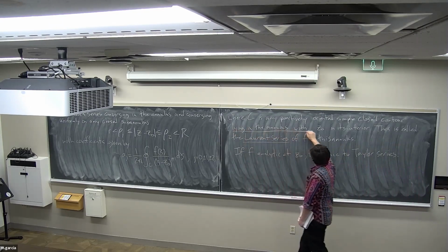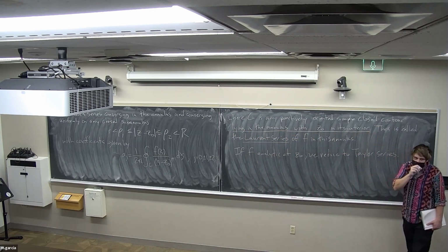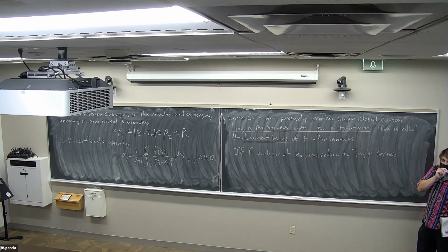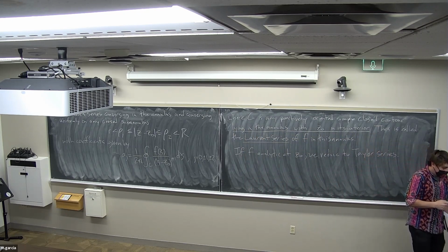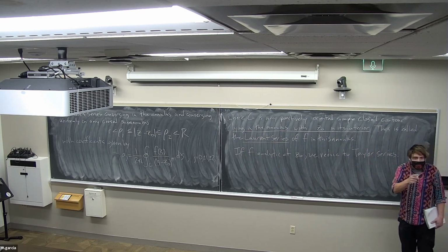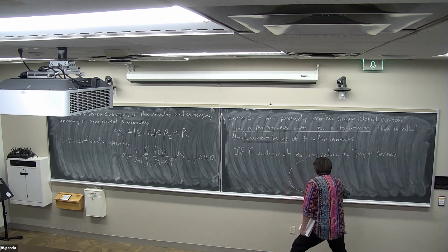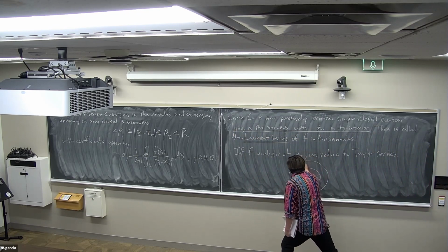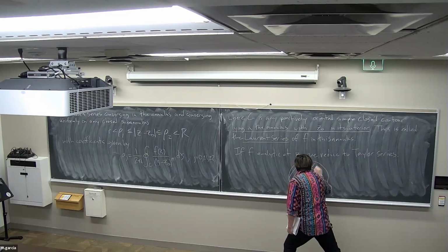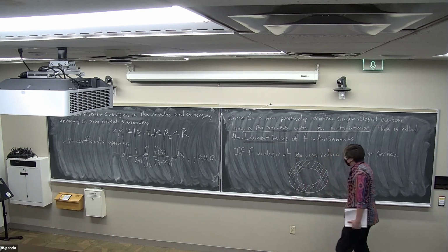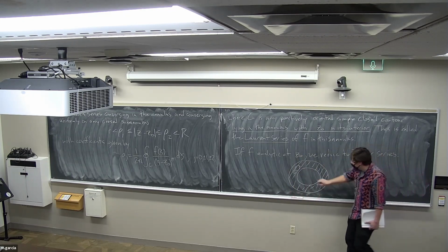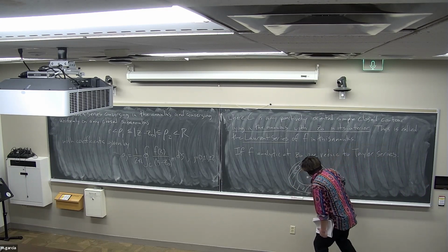Explain to me the meaning of this phrase, or perhaps tell me why I say this specifically. It could be outside z naught and still in there. Yeah, exactly. Here's an annulus. Here's a simple closed contour of positive orientation that does not have z naught in its interior, but it lies entirely within the annulus.